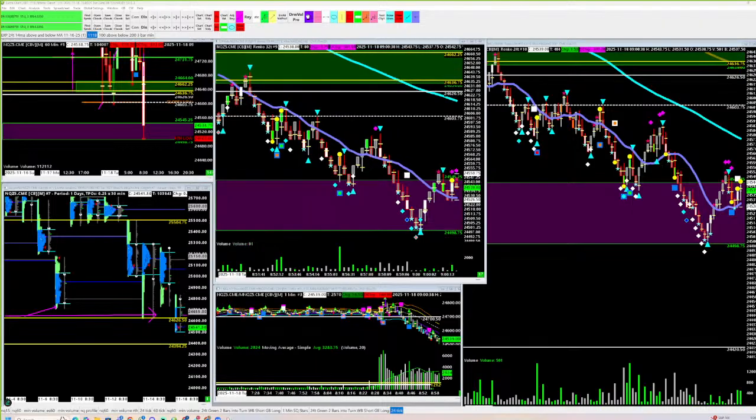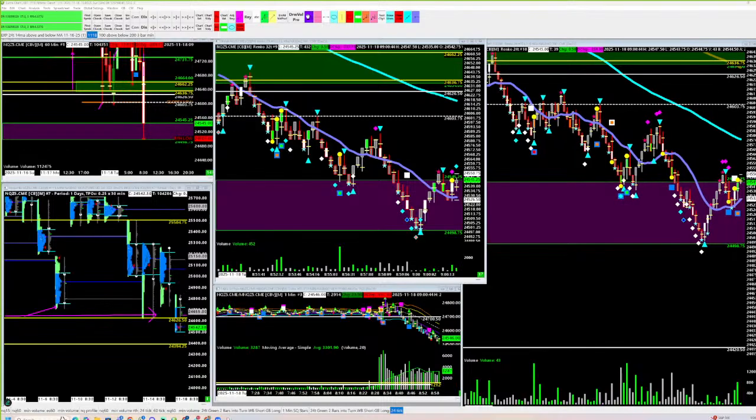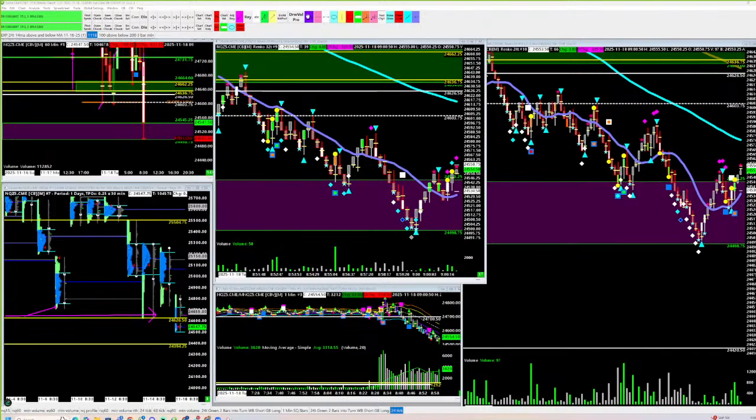White bar up. Again, if you're going to take that, it's a 24-point stop. And you're below the 100 and the 200, obviously. So I'm not doing anything. I'm just watching the world go by.